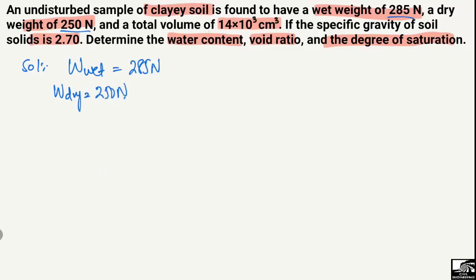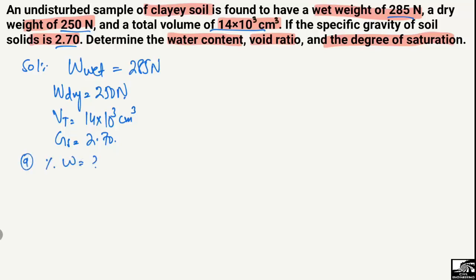The total volume of the soil sample is 14 × 10³ cubic centimeter. And the specific gravity of the soil sample is also known to us, which is 2.70. Now, to find the first unknown, which is the water content.